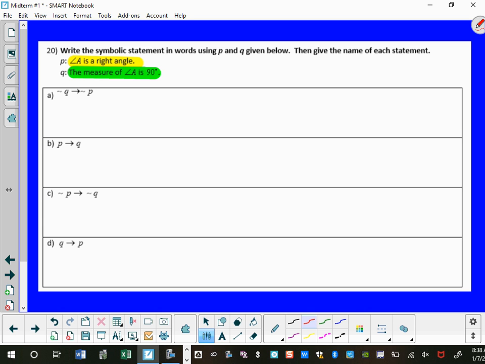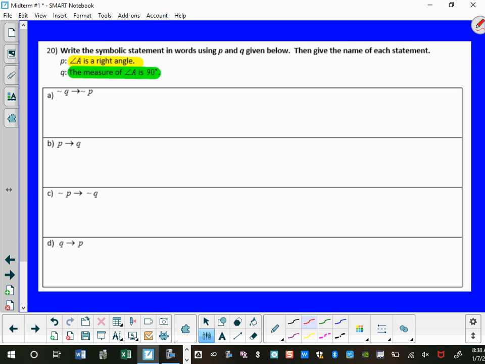What does this little squiggly line mean? Kevin, what does this squiggly line mean? Similar? Alright, so not Q and not P.